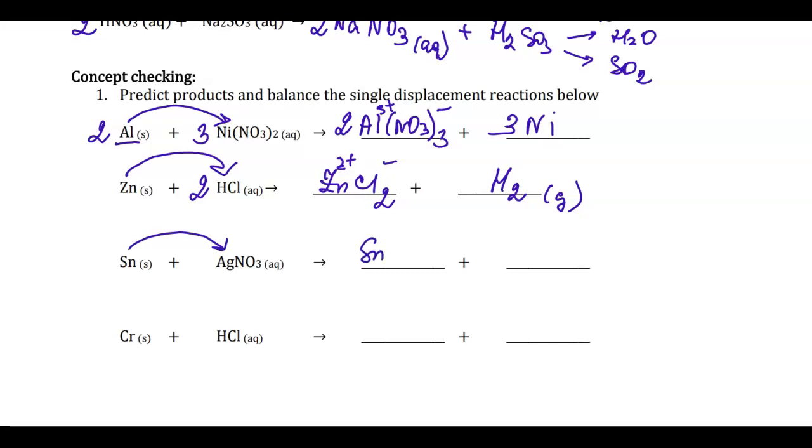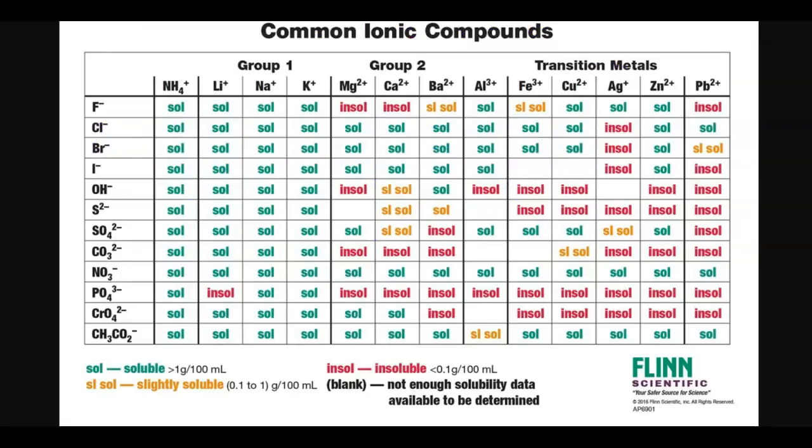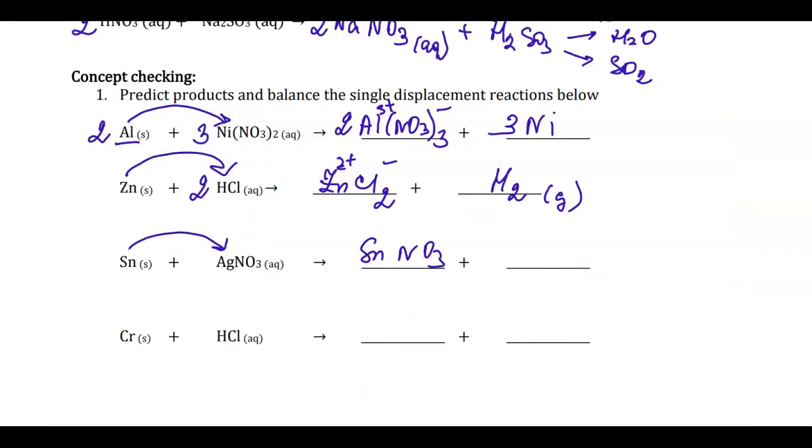So Sn(NO3), solubility table shows us. Actually, there is no, but sometimes. So it will be 2 positive, and NO3 it's negative, so 2 goes here, and silver, right? And 2 and 2 here. Oh, I'm sorry, 2.